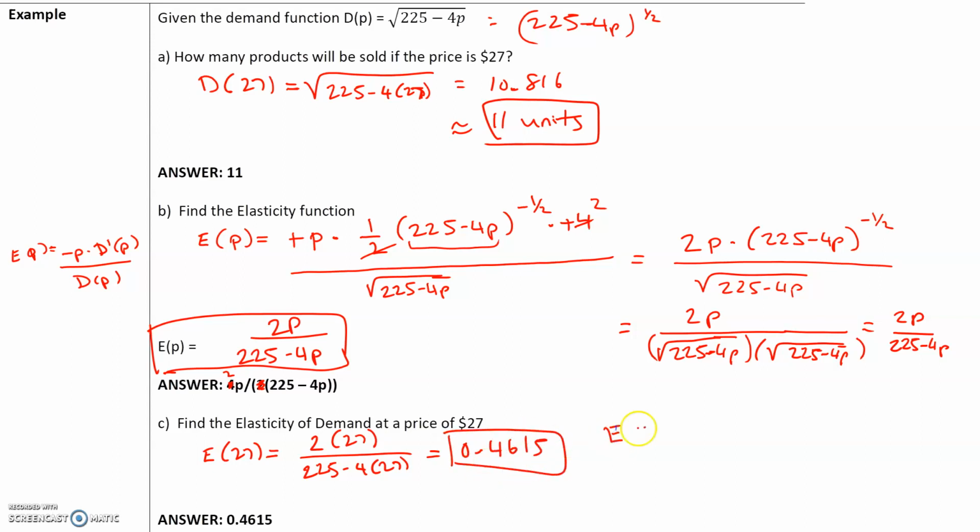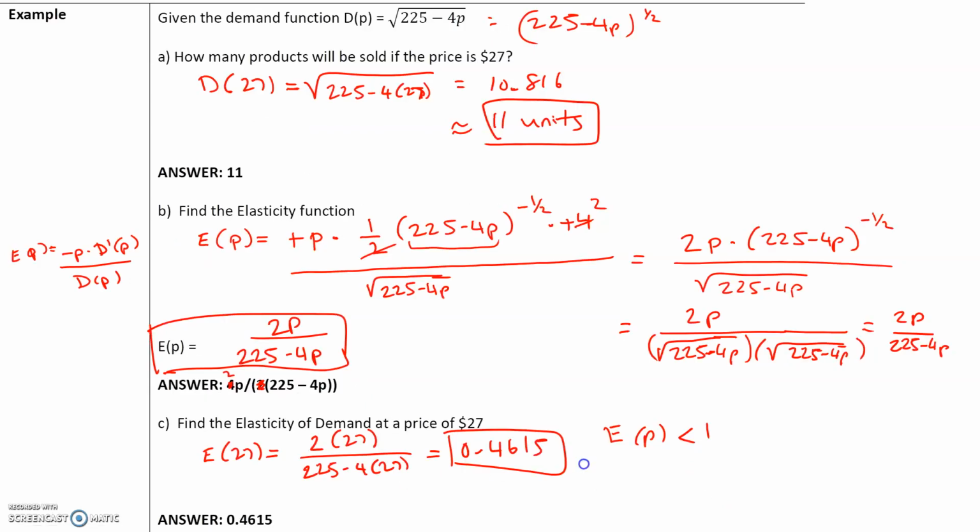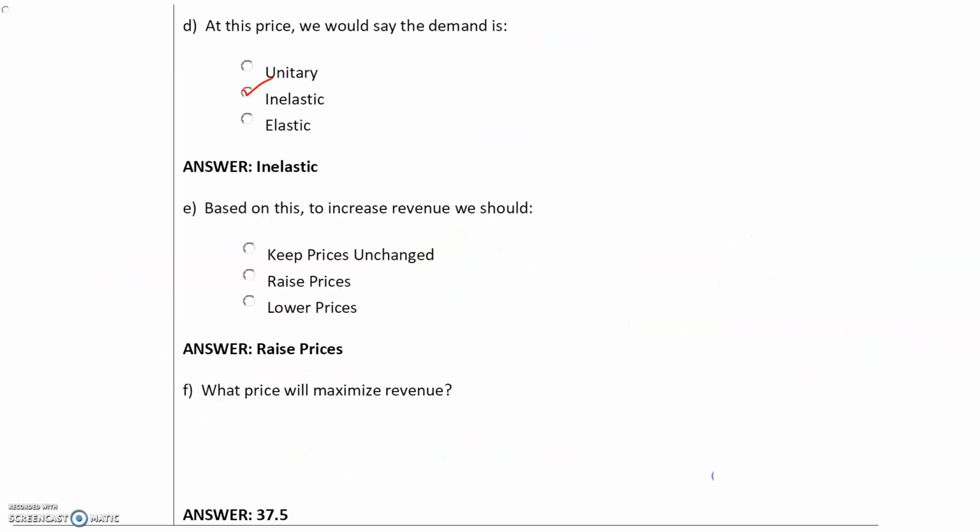So this means that the elasticity of demand is less than 1, which means that demand is inelastic at that price. So if the price is $27 and the price increased, people would still buy about the same amount. Because it's inelastic, to increase revenue, we should raise prices, because even if prices were raised, people are still going to buy your product.